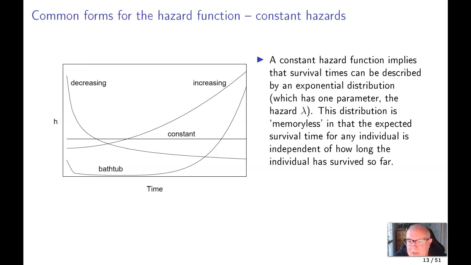The expected survival time for any individual is independent of how long the individual has survived so far. So if we think about again, what's the definition of the hazard? Well, among the individuals who have survived up to a given point in time, it is the rate of failure at that time. And a constant hazard means that your event rate is independent of how long you have already survived.